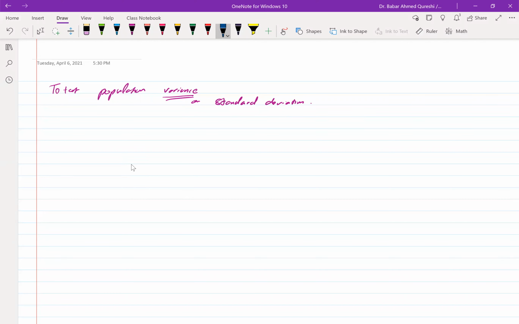So what we are talking about, we have a certain null hypothesis about the variance. So for example, that it is equal to a certain number, or just as an example, let's say less than a certain number, sigma naught squared.